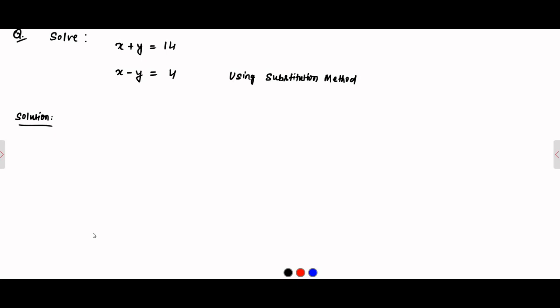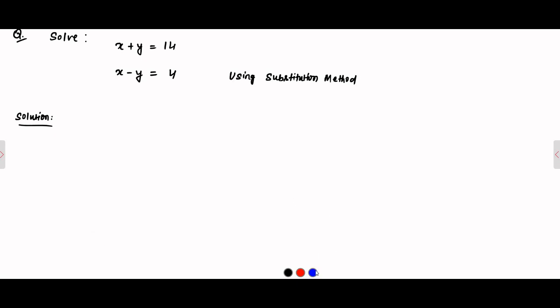Okay, so here it is given to solve these two given linear equations in two variables x and y by substitution method. So the first equation is x plus y is equal to 14. The second equation is x minus y is equal to 4.